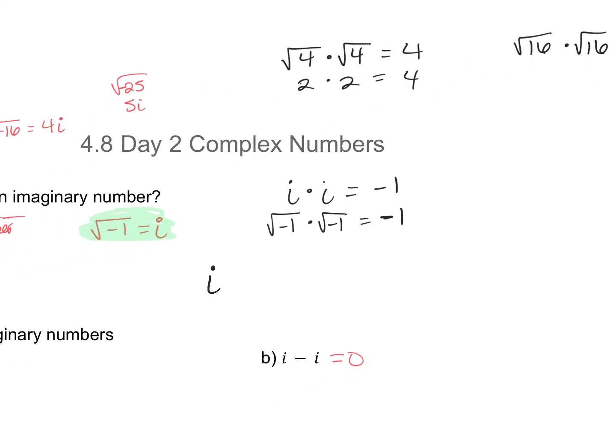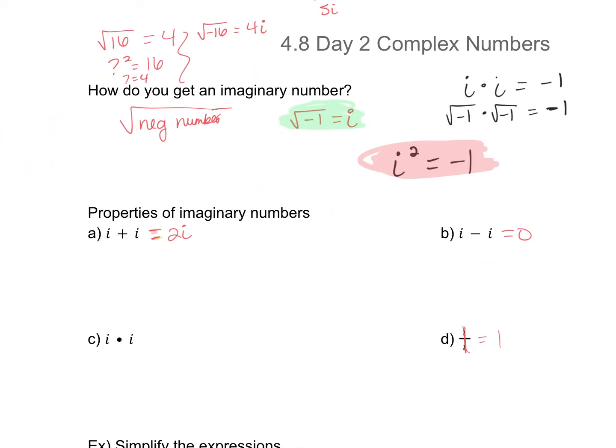This is the biggest thing that comes up. i squared, or i times i, is negative 1. That is the other property you need to know. If you can memorize those two, you'll be good to go and you'll be able to work with the rest of it. Okay, so i times i, will write it down here. That would be i squared, which we said is negative 1.